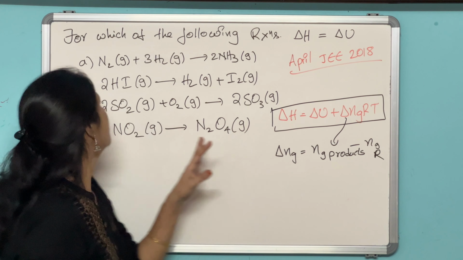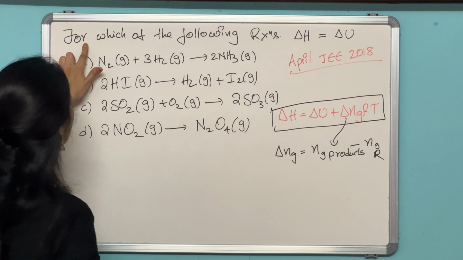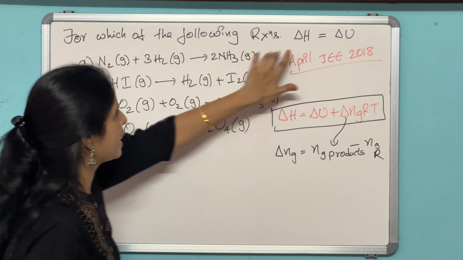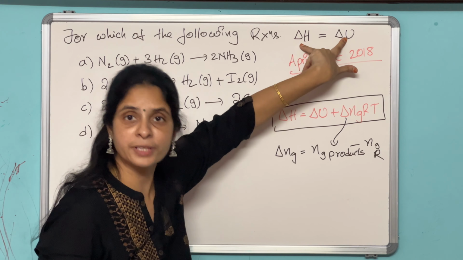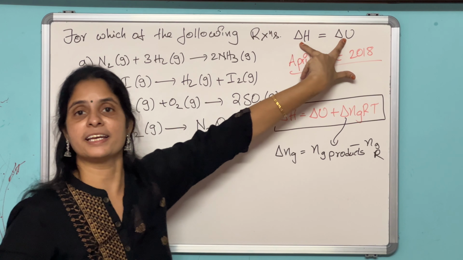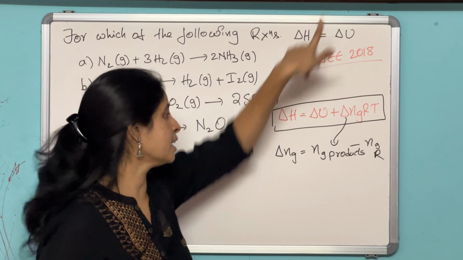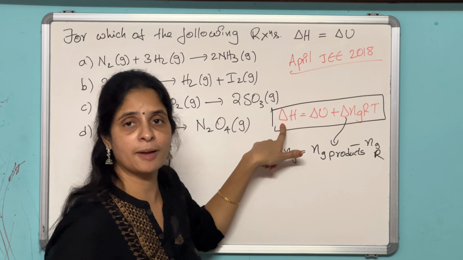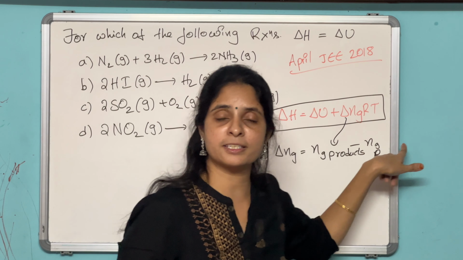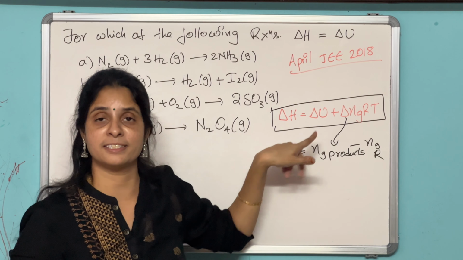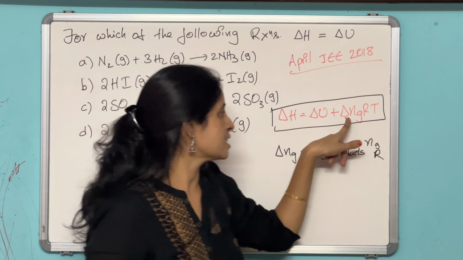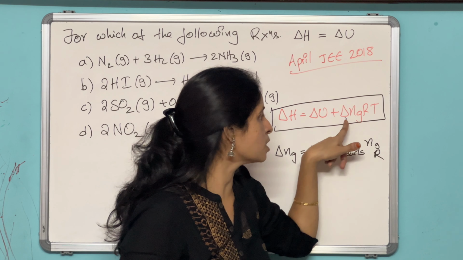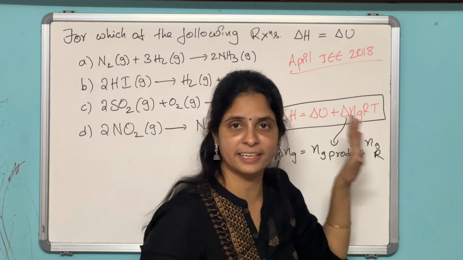So in the question he is asking, for which of the following reactions is enthalpy equal to internal energy. What is the relationship between enthalpy and internal energy? You remember this expression: change in enthalpy, delta H, is equal to change in internal energy, delta U, plus delta Ng RT, where delta Ng is the change in number of moles of gaseous products and reactants.